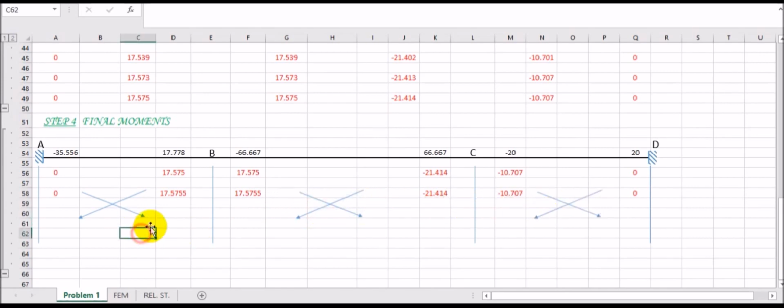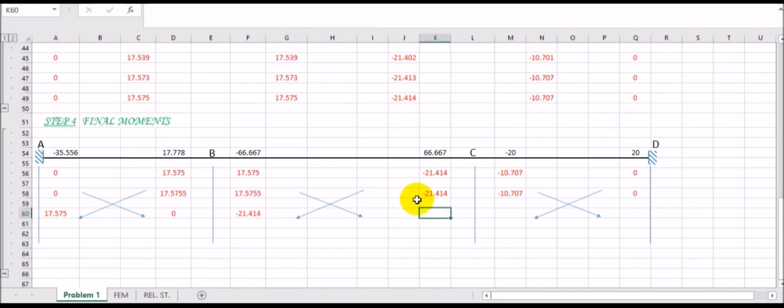So what you have to do is you have to write this value here is equal to this. You have to write this value here, which is 0. You have to write this value here. I hope you got this step.